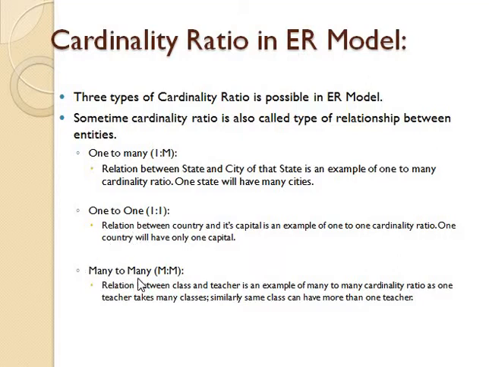Again, for many-to-many cardinality ratio or M:M cardinality ratio, the relation between class and teacher is an example. This is because one teacher can take many classes, as well as a particular class can have more than one teacher. So there is a many-to-many relationship between class and teacher.